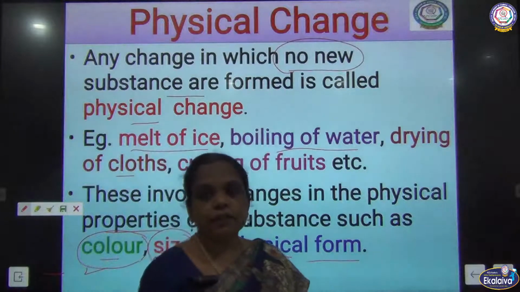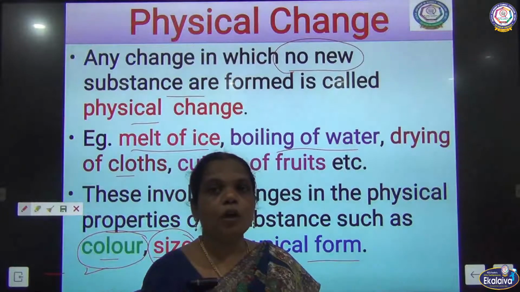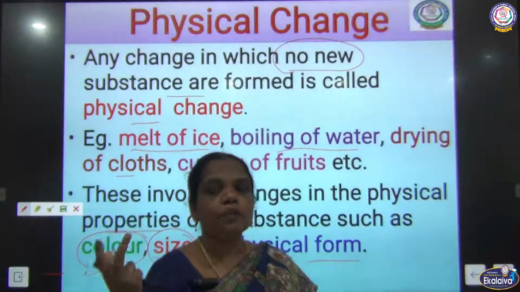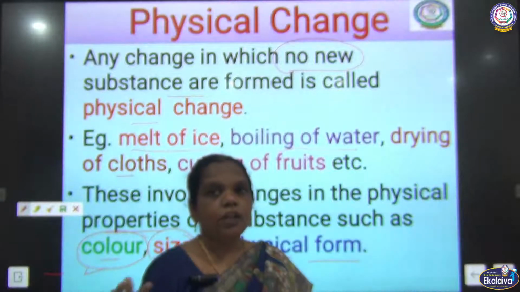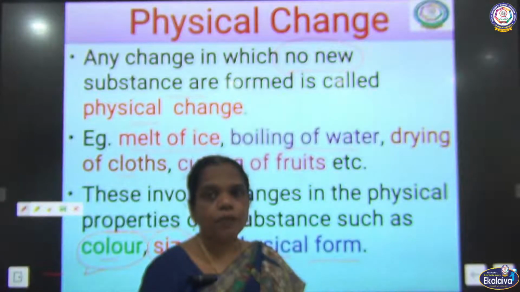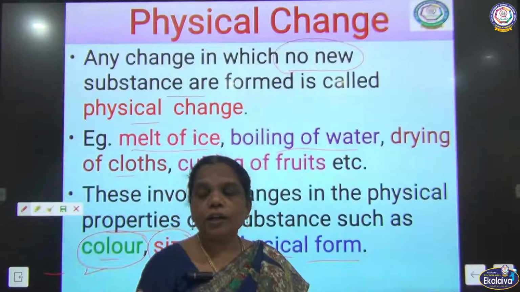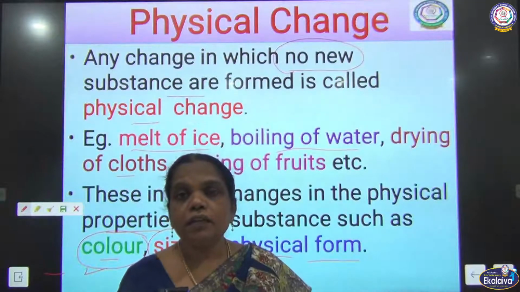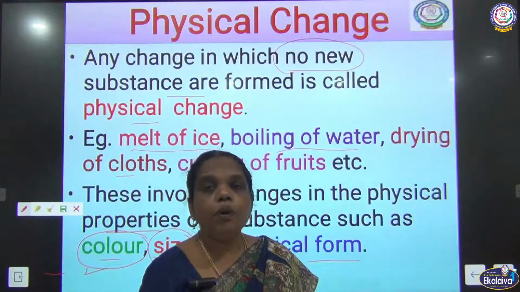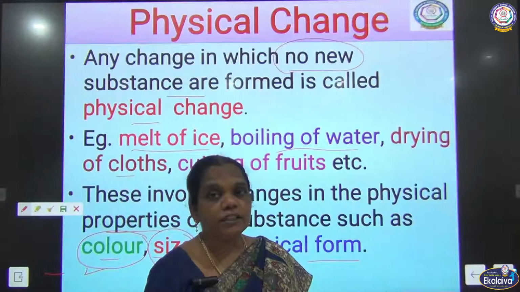If you cut the apple into two halves, the size of the apple is going to change. If you melt sugar, the white crystal becomes what? A brown liquid. So there is a change in color.